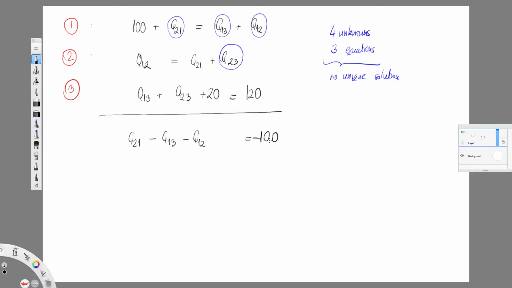So this is my equation number 1. And then, I'm just trying to line them up, so it's going to be minus Q21 plus Q12 minus Q23 is equal to 0.